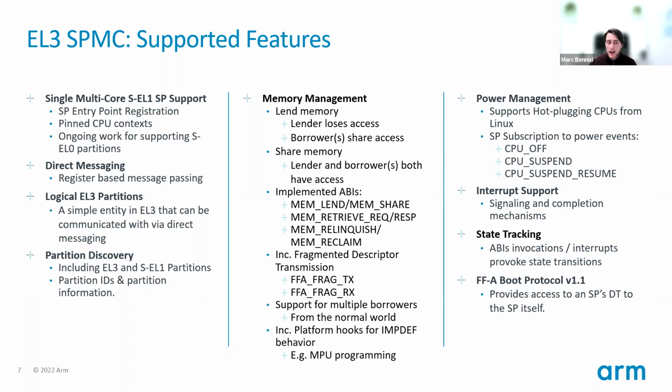Yep. So the SPMC knows which IDs correspond to the logical partitions. So it looks up the ID and either calls into the direct request handler where the logical partition is registered, or otherwise it would look up the SEL1 partition and forward it down. Okay, thank you. Sure.